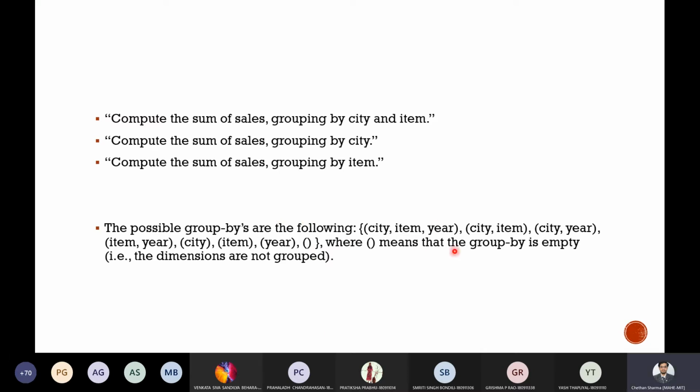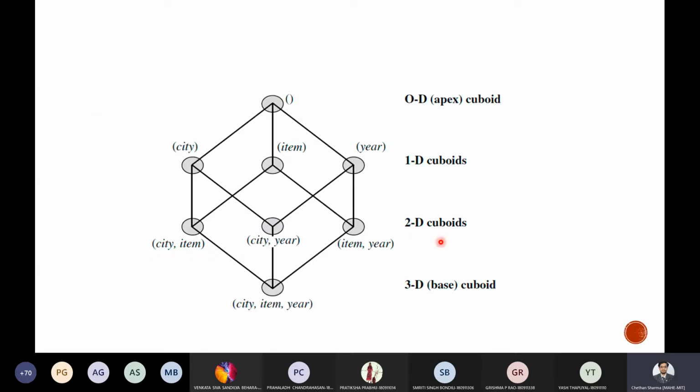These group bys form a lattice of cuboids, shown in this figure. The base cuboid contains all three dimensions, namely city, item, and year, so it can return total sales for any combination of these three dimensions. The apex cuboid, 0D, refers to the case where the group by is empty.